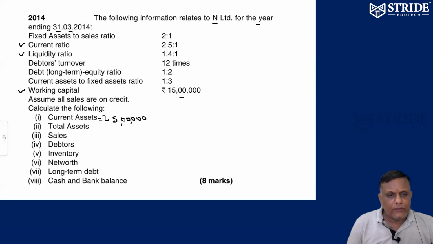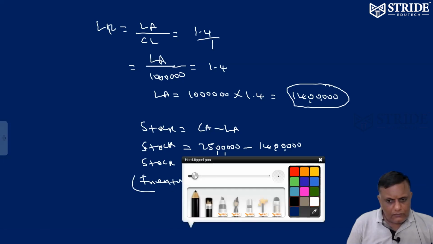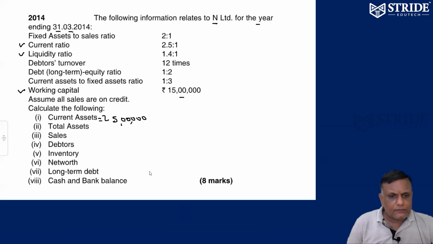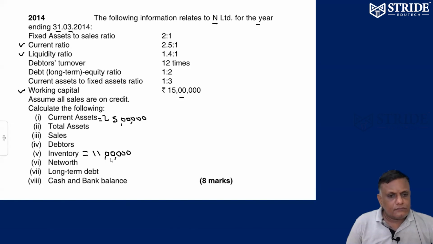Okay, that's it. All sales are credit sales. Stock is known.